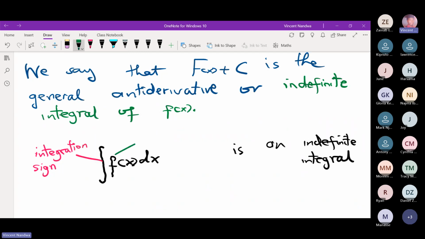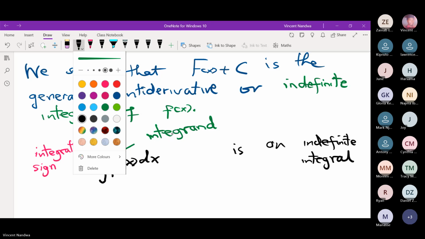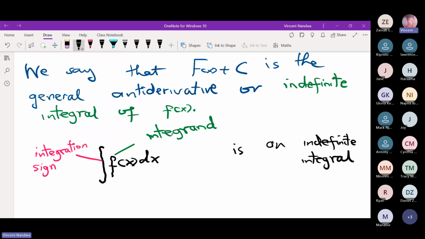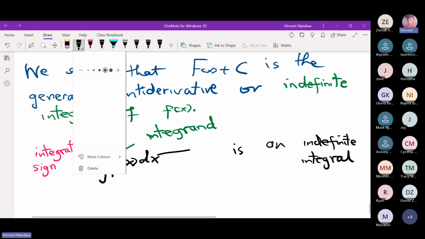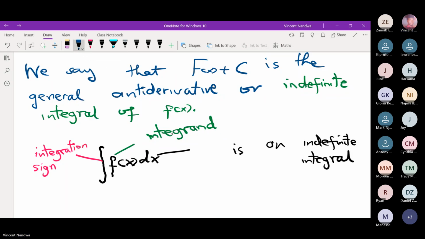Then this function f of x is called the integrand. Then this x is called the variable of integration. So that's what we have.